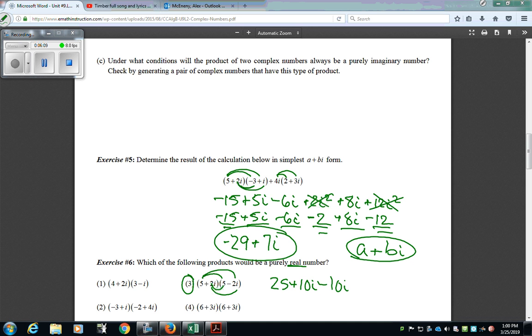And then you have the negative 4i squared, which will become positive 4. So what we end up with in this case is 25. The 10 and the negative 10 cancel out, so we just end up with 25 plus 4, which would just be 29. And we'll see a little bit more of that later on when we talk about rational numbers and rational expressions dealing with imaginary values.